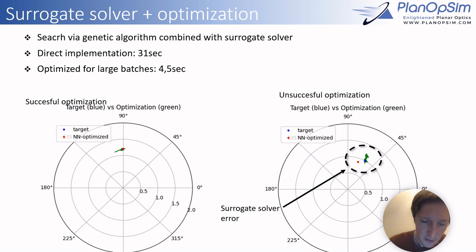This usually goes well, so you see here on the left-hand side a successful optimization where the green curves indicate the different trial solutions, and the blue and red dots, which are here coinciding, represent the found target solution using the neural network and the actual target requirement that we put in.